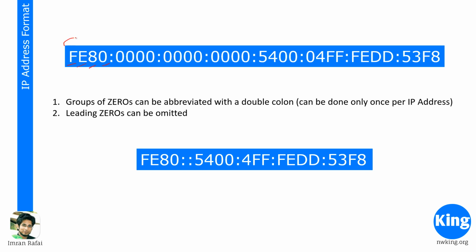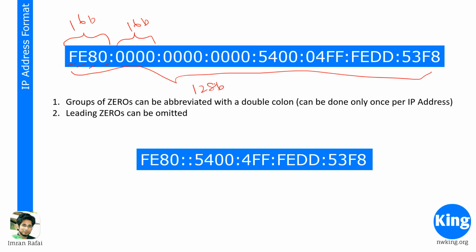So each group of 4 hexadecimal digits is 16 bits. Totally, the whole space is 128 bits, like we discussed, right?